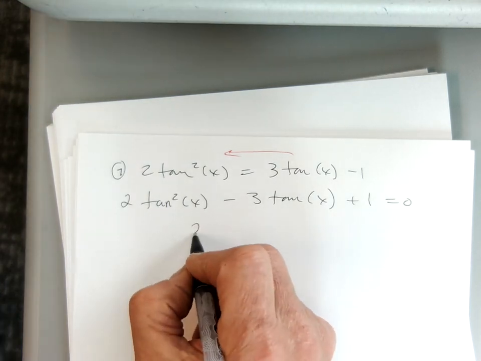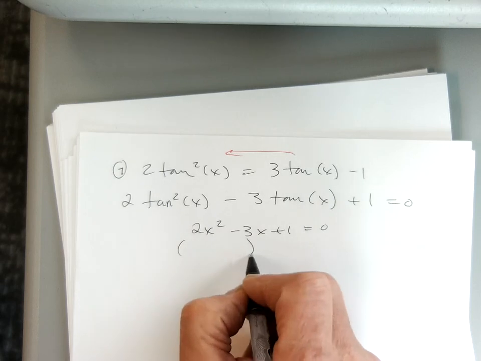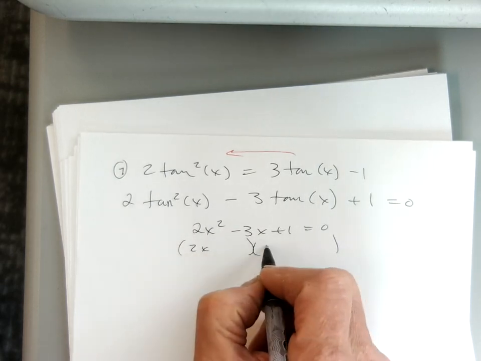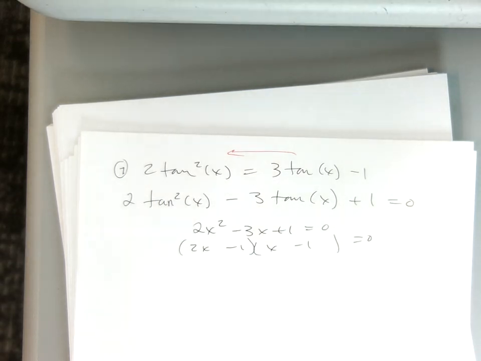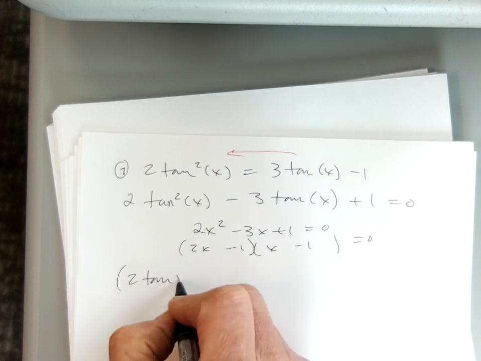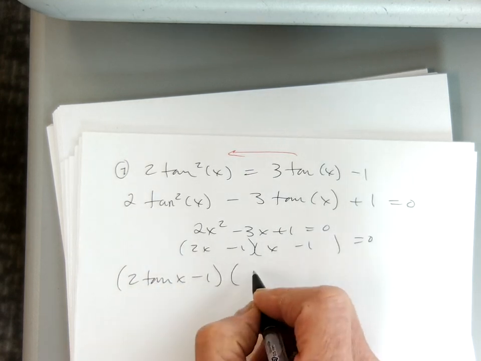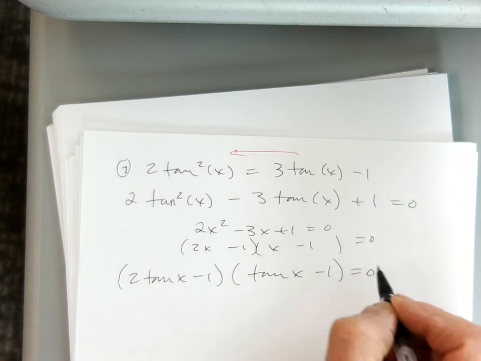It doesn't hurt to see the algebra, right? 2x minus 1, x minus 1, right? You guys okay with my factoring? So let's bring back the tangents: 2 tangent x minus 1 and tangent of x minus 1 equals 0.